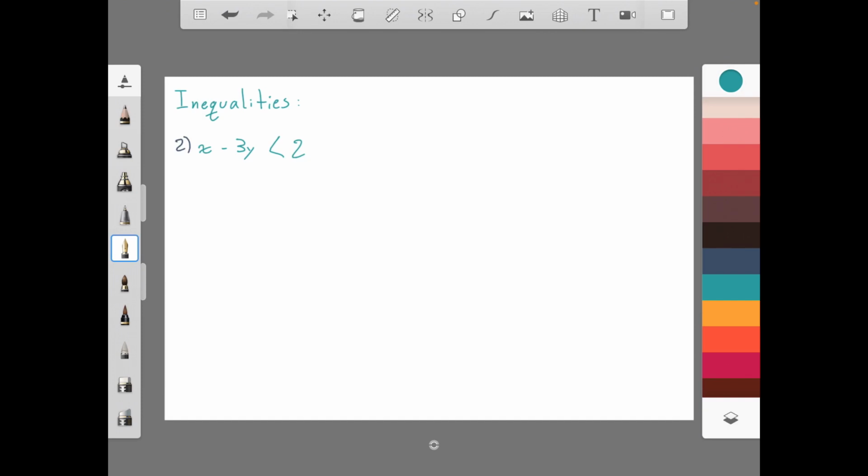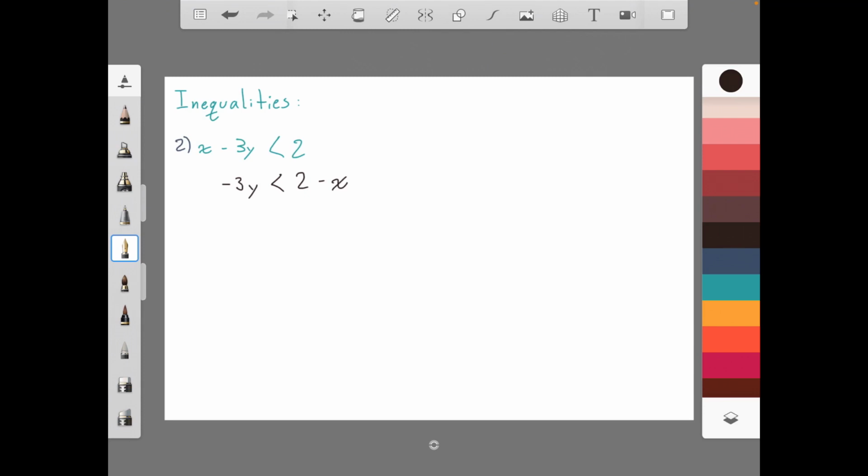Since this is one of the equations we saw in our last video about linear equations with two variables, we want to isolate y. So this gives away negative 3y is less than 2 minus x.